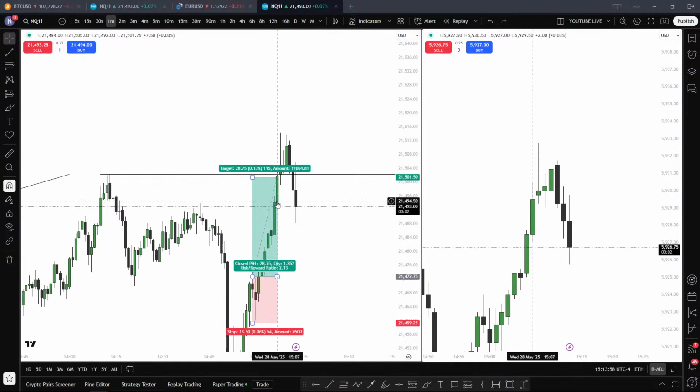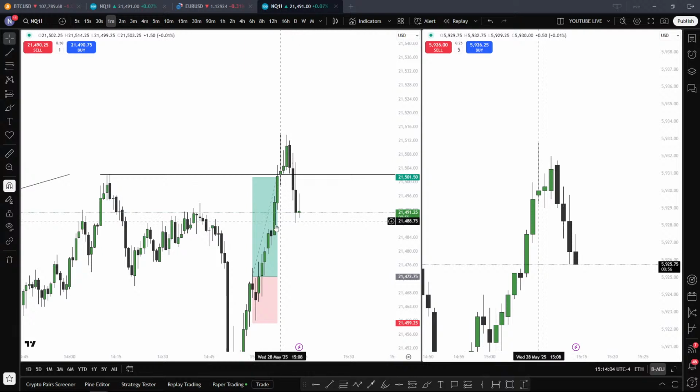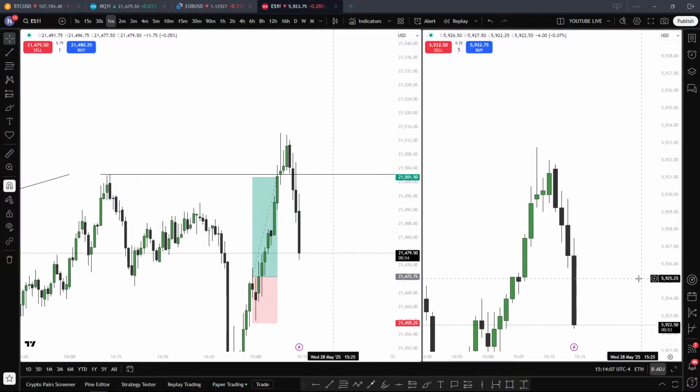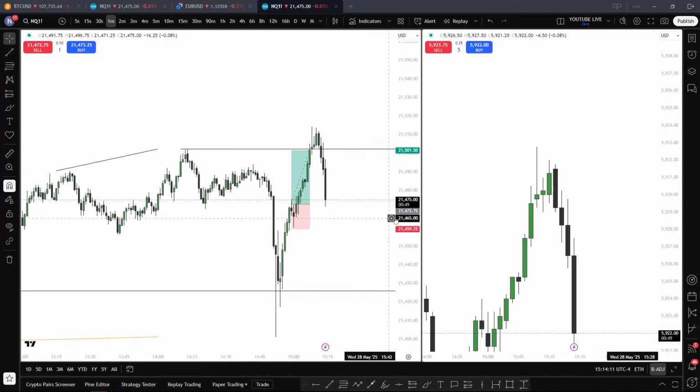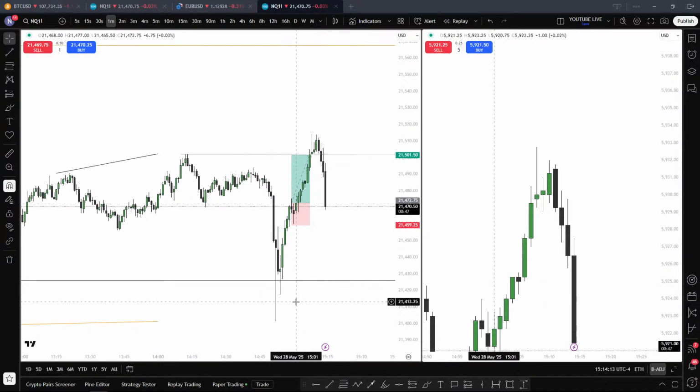There we are, both coming into here. I want to make an SMT. Come down to this order block, maybe. Oh, definitely came down to the order block. Are we going to come back to the other side of the range? That'd be kind of crazy.